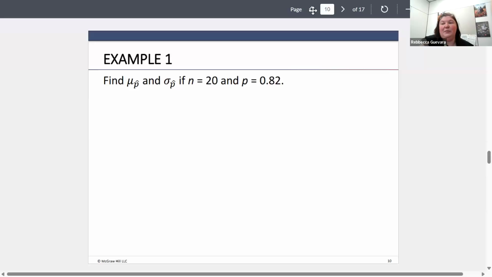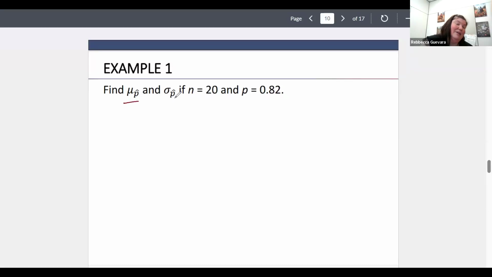Okay, one more time. Without any more information, we just want to find a mu sub p hat and a sigma sub p hat, so a mean and a standard deviation: a mean of my p hats and a standard deviation of my p hats. For mu sub p hat, we said that should be equal to the population proportion.